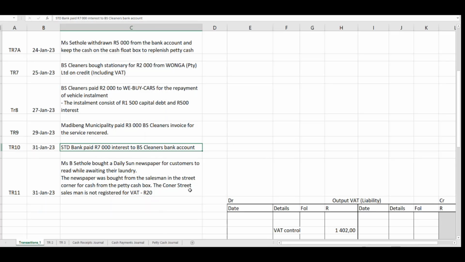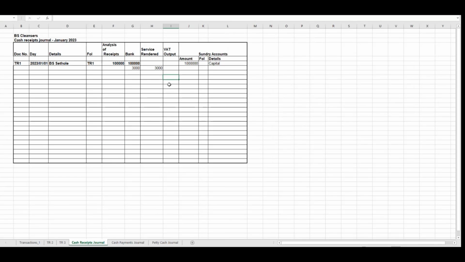It's cash receipts journal, because we have received 7,000 rands. It's for interest, and there is no interest column, so we'll go to the sundries column, put the 7,000 rands and write that it is for interest.